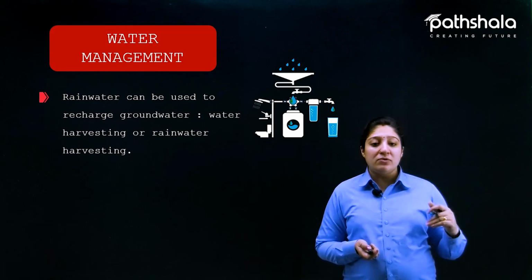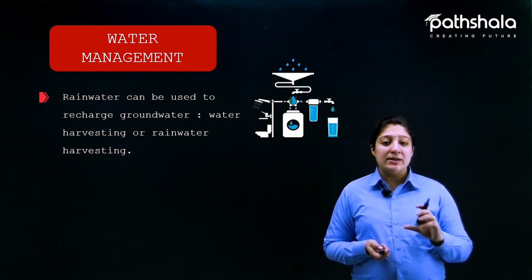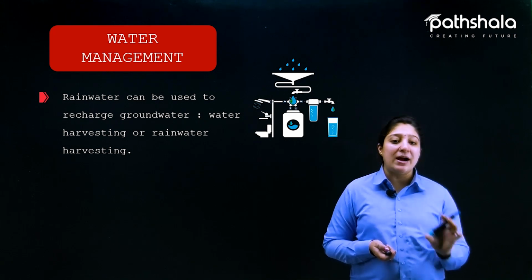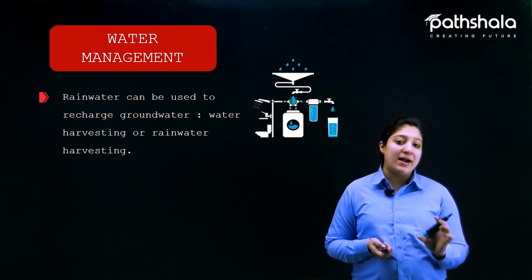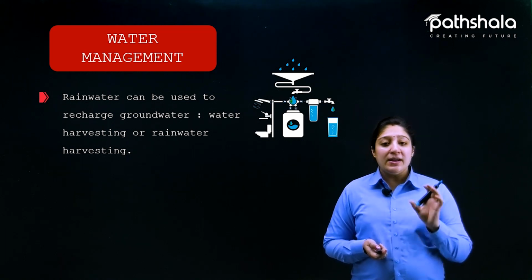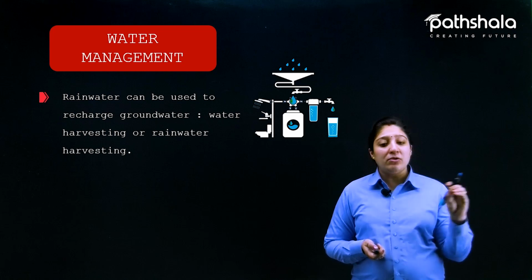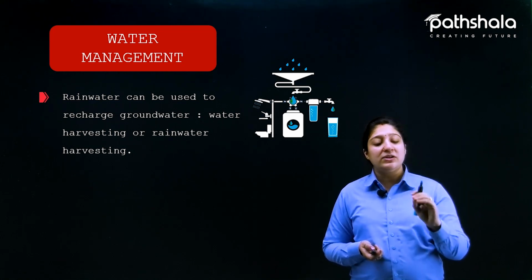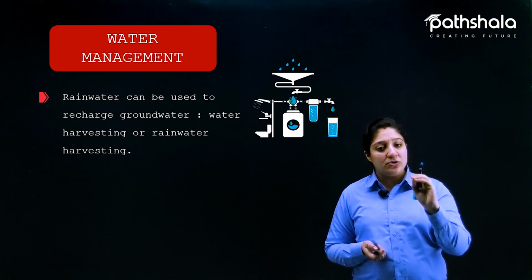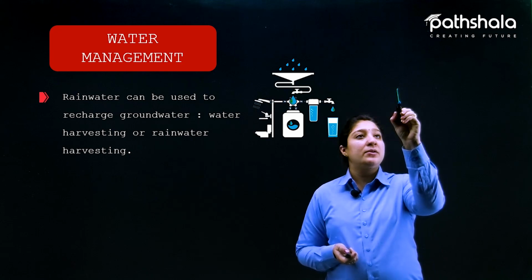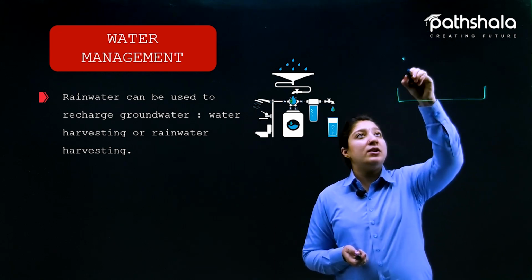On the roofs, what people do is build a rainwater harvesting plant in their houses or in their buildings itself. In this, what happens? The rainwater that is collected on the roofs, once it falls on the roof, the roofs are connected by tubes.